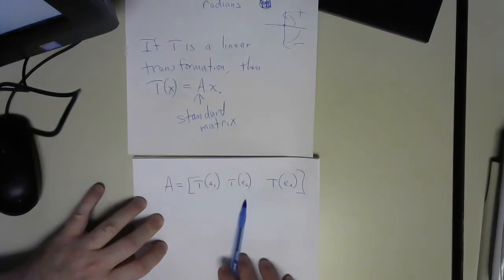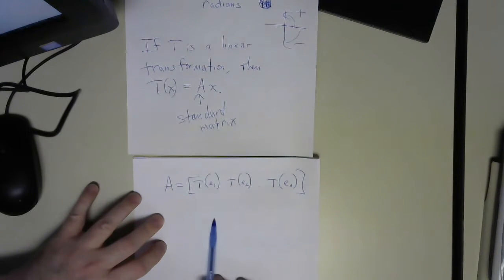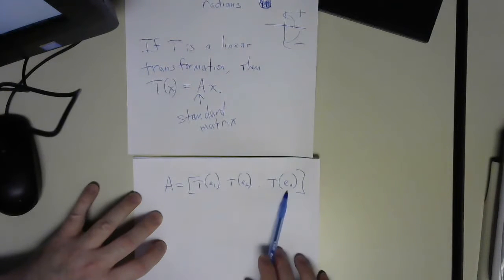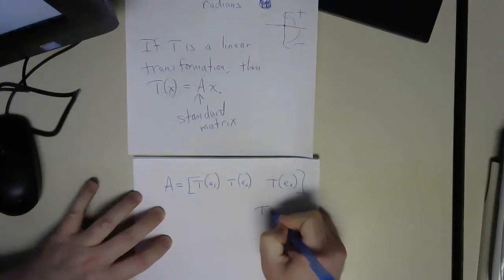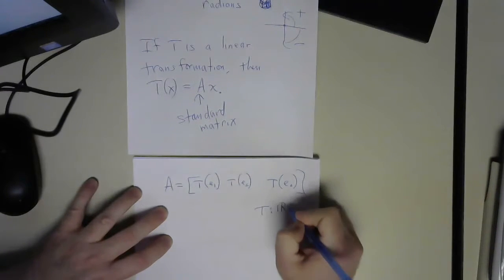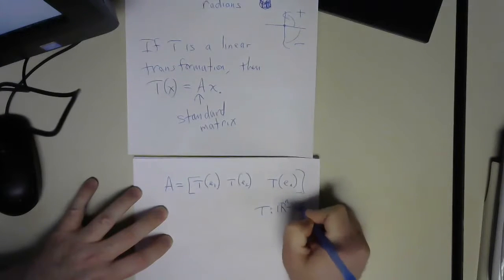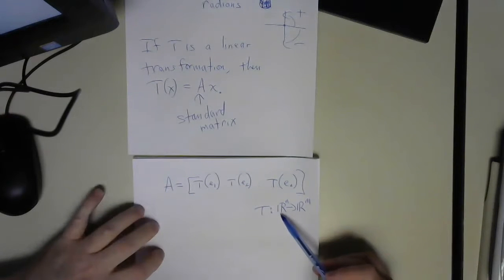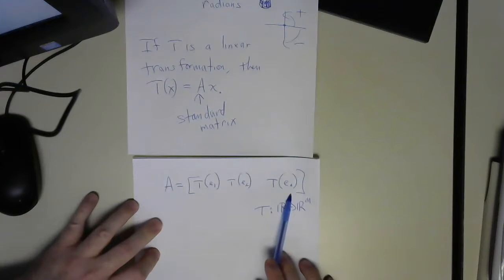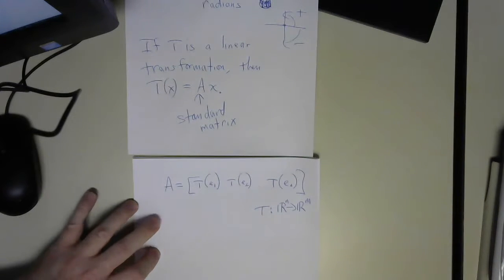This is the second column of the identity matrix. So that might be something like 0, 1, 0. So you just take the images of all those columns of the identity matrix. And I'm assuming that we're going from Rn to Rm in general. All right. So you really will have n columns to consider. But that's how you get the standard matrix in general.